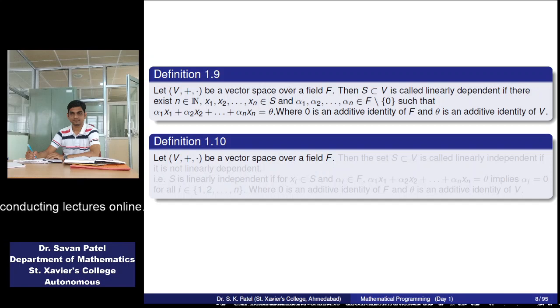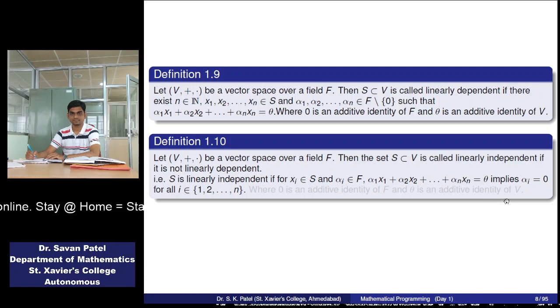If it is not there, meaning the set S subset of V is not linearly dependent, then we will say it is linearly independent. That is, for no choice of xi in S and scalars alpha i in F minus 0, can we write theta, the identity of V, as a linear combination of xi and alpha i.